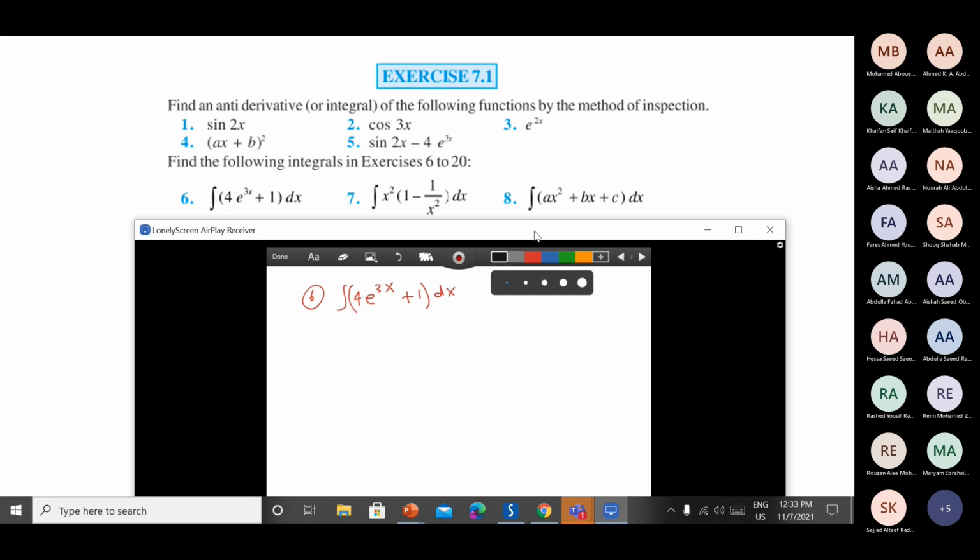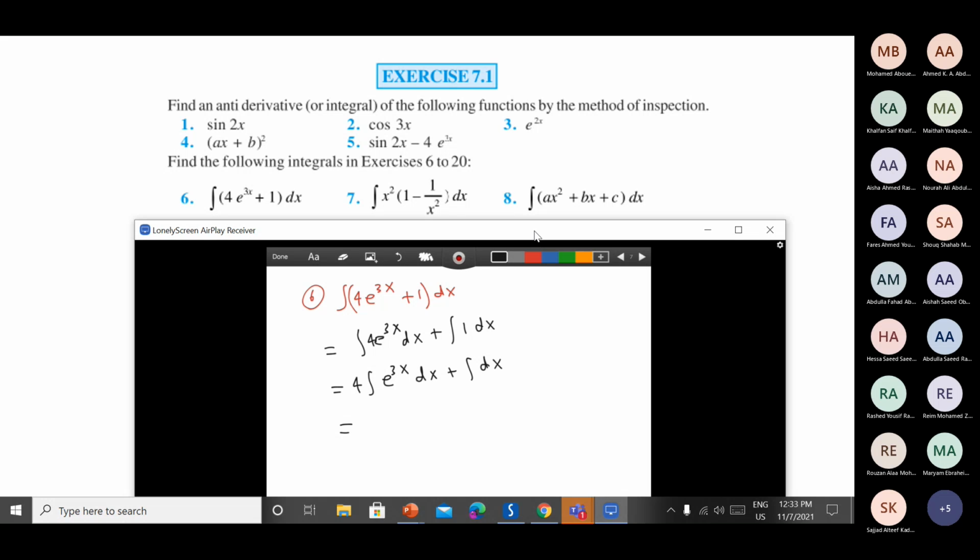Again, I'm going to distribute the integration, so I take the first part plus 1, plus integration of 1 dx. Now, if I have a constant, I'll take it outside the integration. 1 times anything is x.